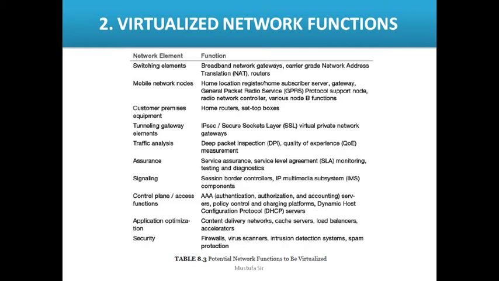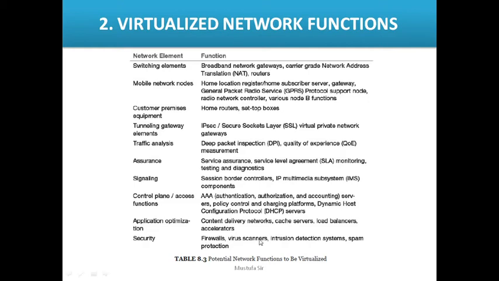You can create a virtual machine and code that functionality in it. In a single physical machine, we can run multiple virtual machines, so by a single physical machine we can achieve multiple network functionalities through virtualization. This is what we call virtualized network functions.